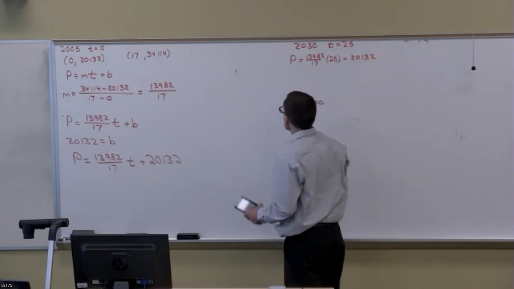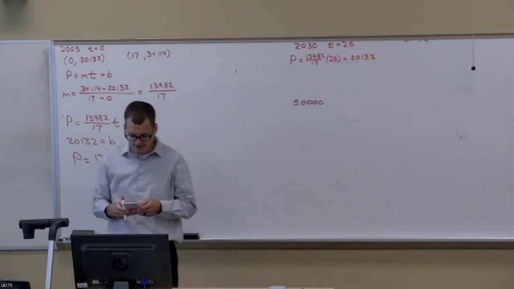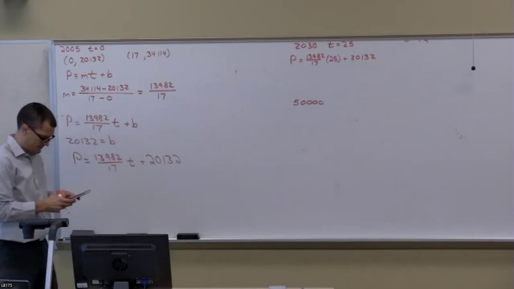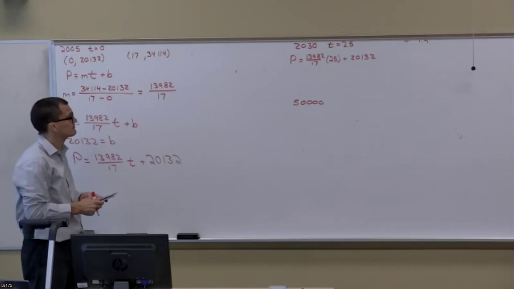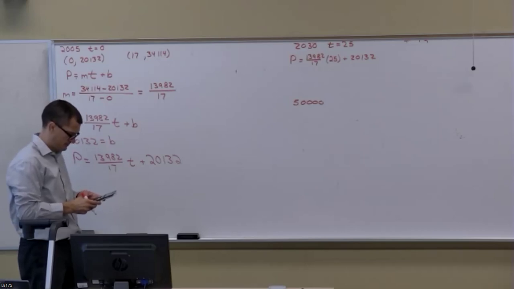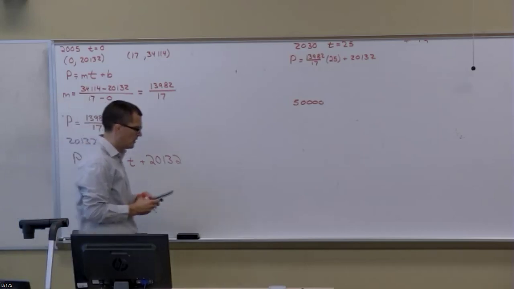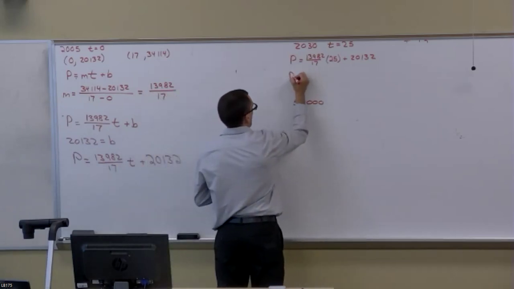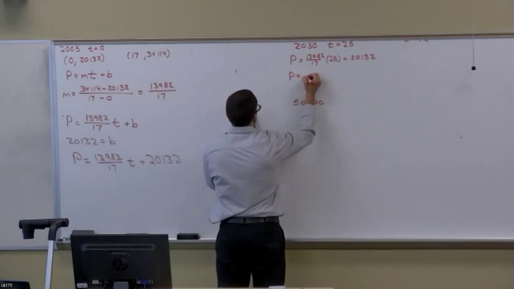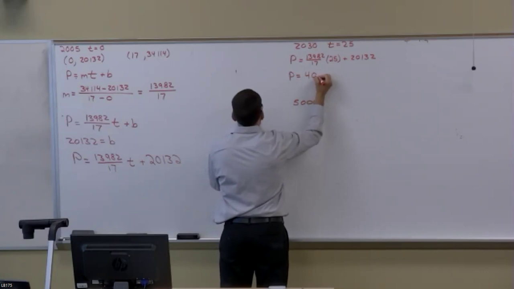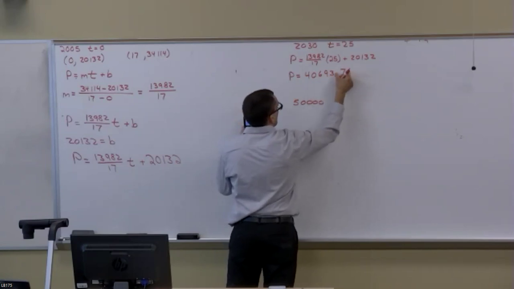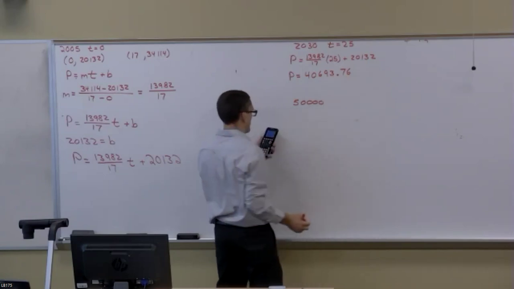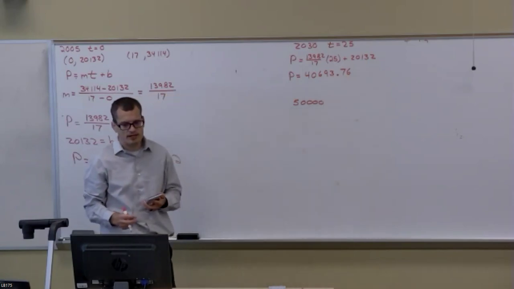And we're not going to get a real nice value, so we'll round that value to 2 decimal places. This is saying that the population should be about 40,693.76. Again, that's a rounded answer there.